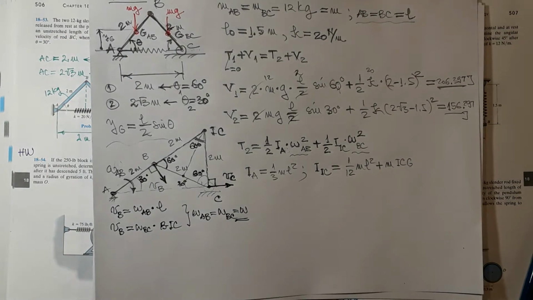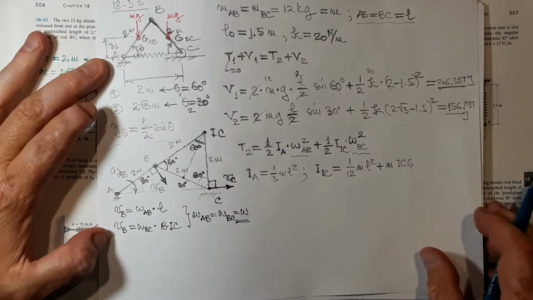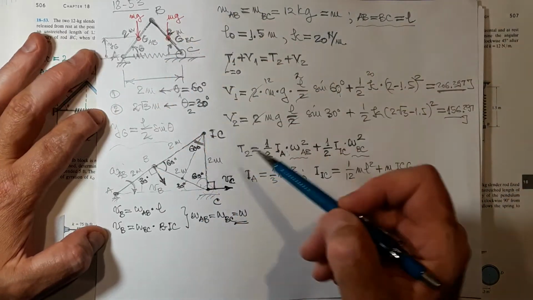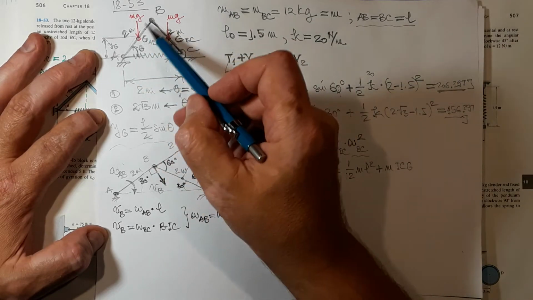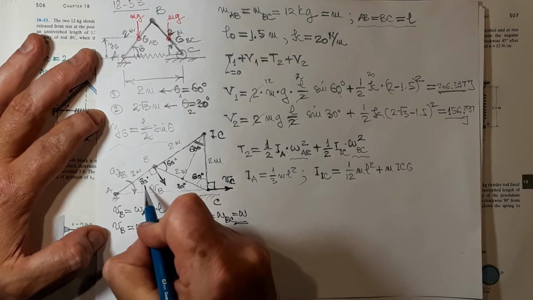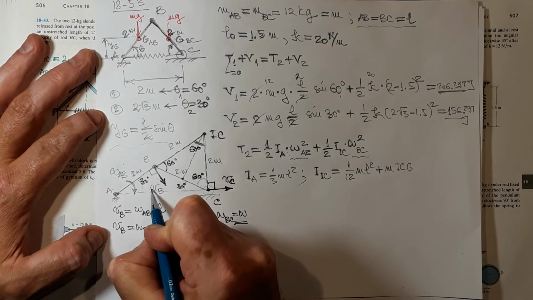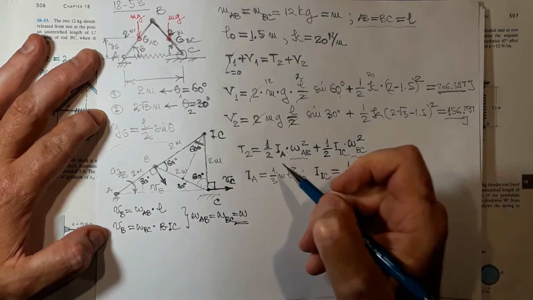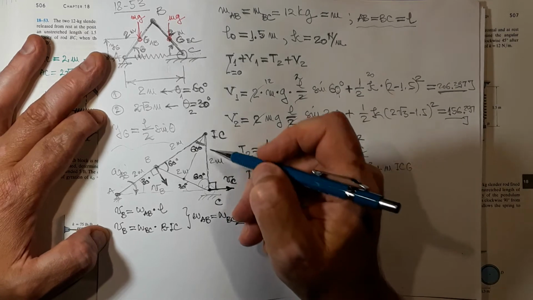All right. This is just because of the particular configuration with equal length AB and BC. And of course, for the position theta equals 30 degrees, that's a simplifying situation.